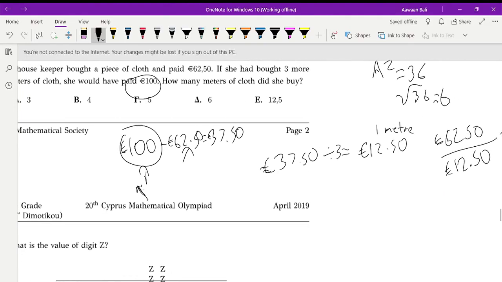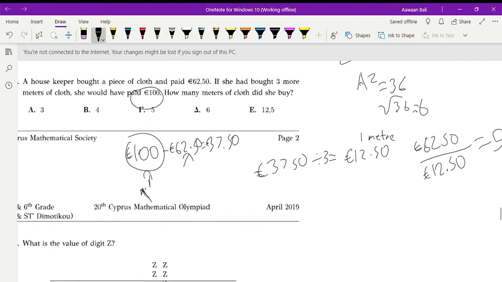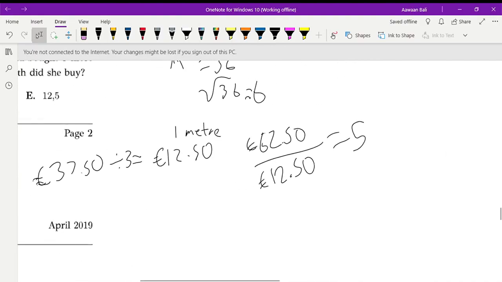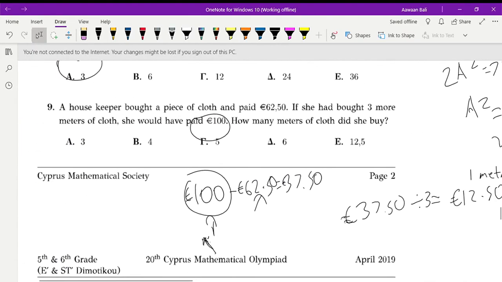So if you minus them, you get the price of 3 meters. You divide by 3 because we have 3 meters, to find the price of 1 meter, and then you divide €62.50 by that, so you can get how many meters there are. It's 5 in this case.